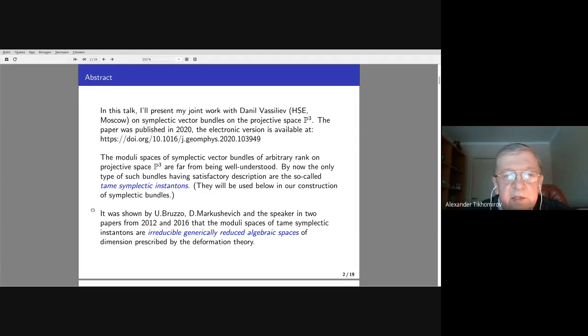It was shown by Ugo Bruzzo, Dmitry Markushevich, and myself in two papers from 2012 and 2016 that the moduli spaces of tame symplectic instantons are irreducible, generically reduced algebraic spaces of dimension predicted by the deformation theory.